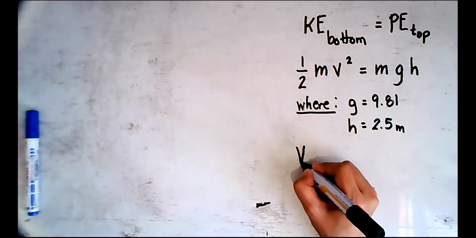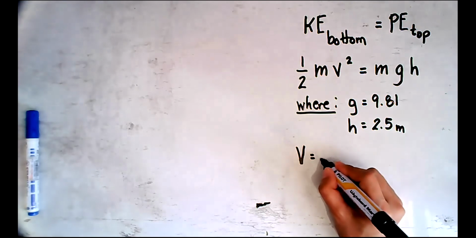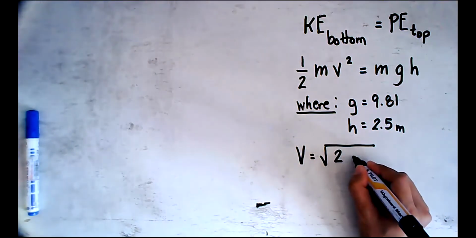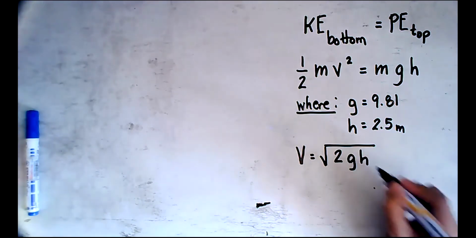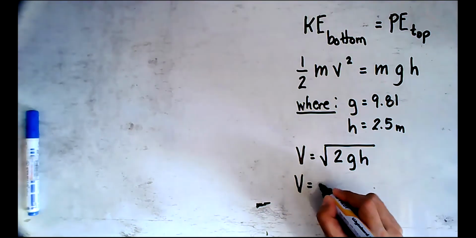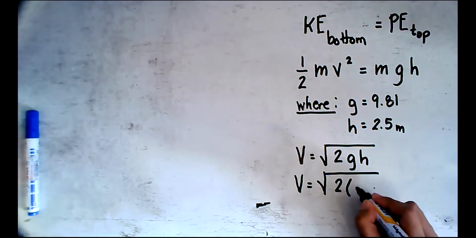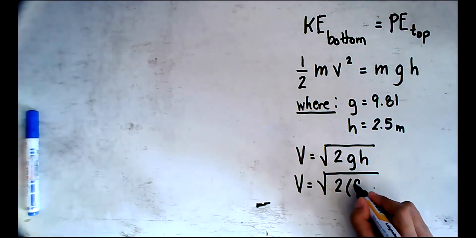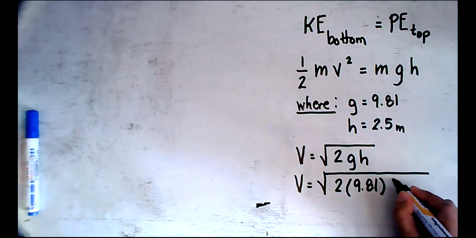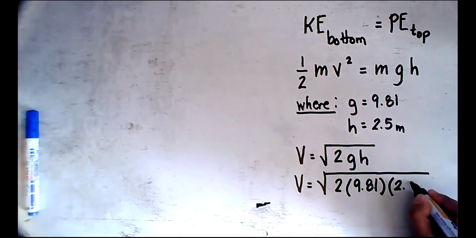From the formula of the velocity, we can make use of v equals the square root of 2gh. So the velocity is simply equal to the square root of 2 times 9.81 times the height, which is 2.5.